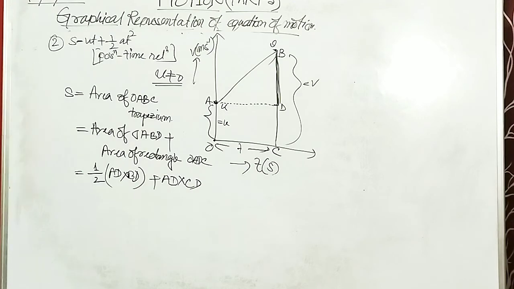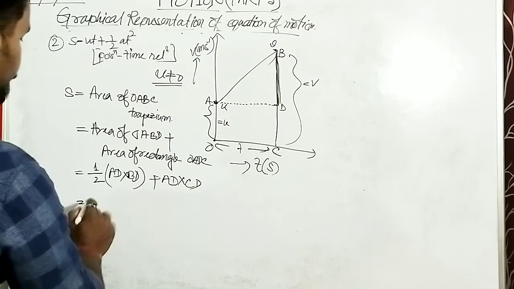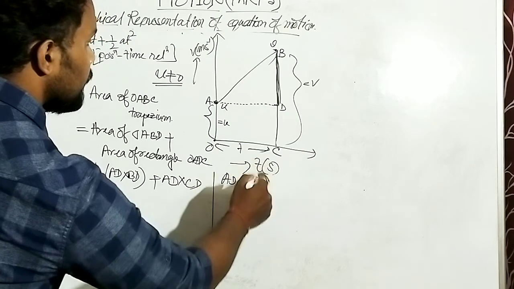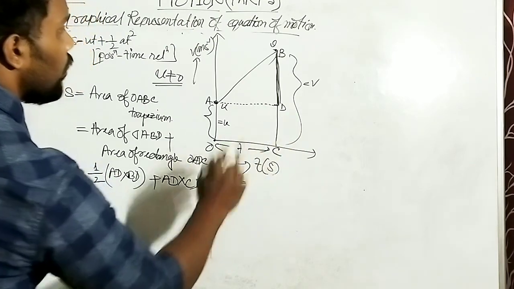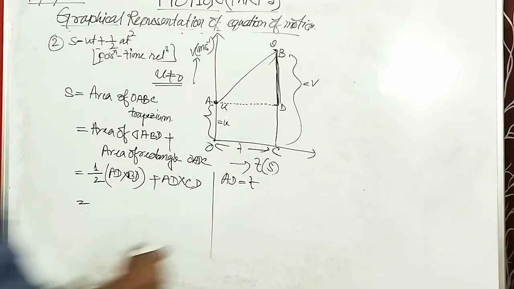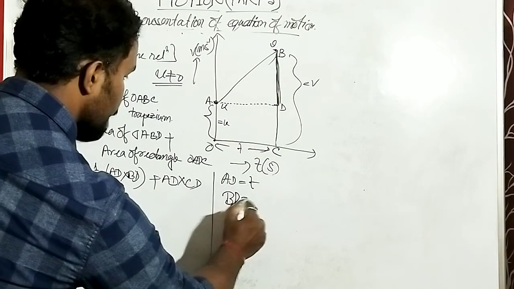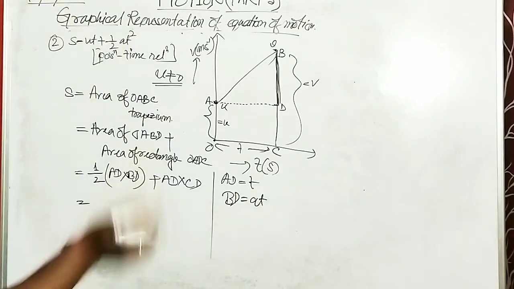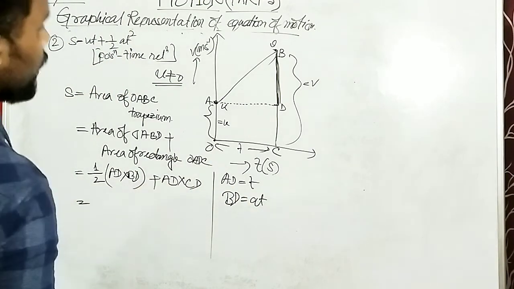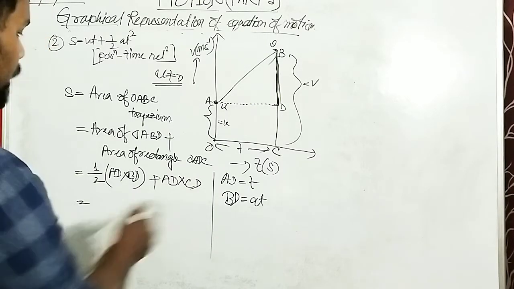From the last part we have got that AD is T, and BD we have got as equal to AT. If you have any doubt, just rewind the video and you will get how we have got BD equal to AT. And again we are going to need CD.